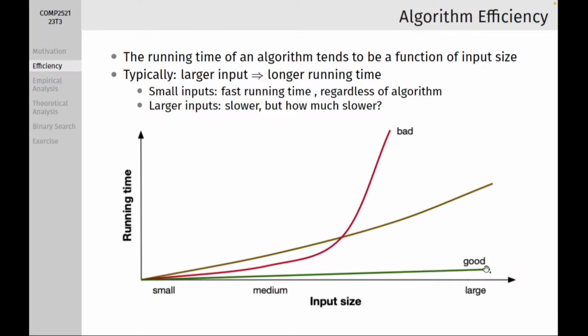A good algorithm isn't going to get much slower as you increase the input size. A reasonable algorithm will increase a little bit more, but it'll still be feasible for large inputs. Meanwhile, a bad algorithm might run well on small and medium inputs, but as the input size gets larger, it might become infeasible.